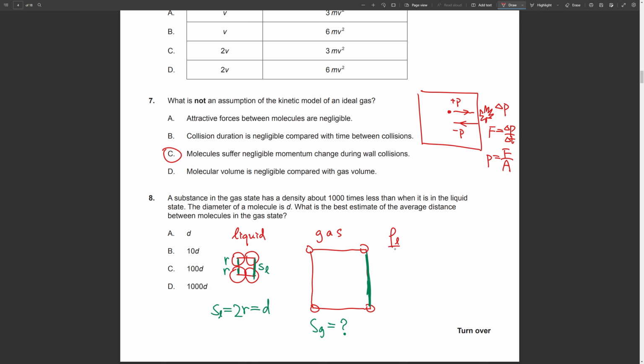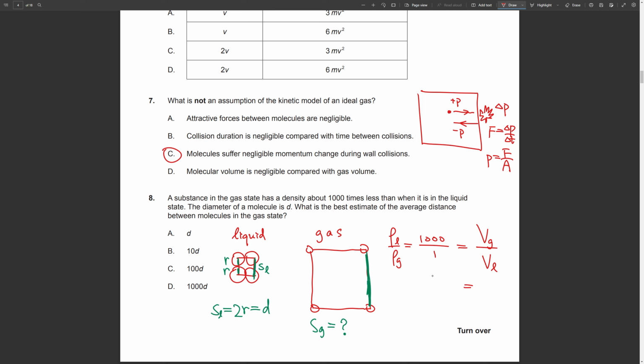Let's refer to the information provided in the question. The density of liquid to the density of gas is 1000 to 1. And it is also inversely proportional to their volume. How is volume related to the sides?